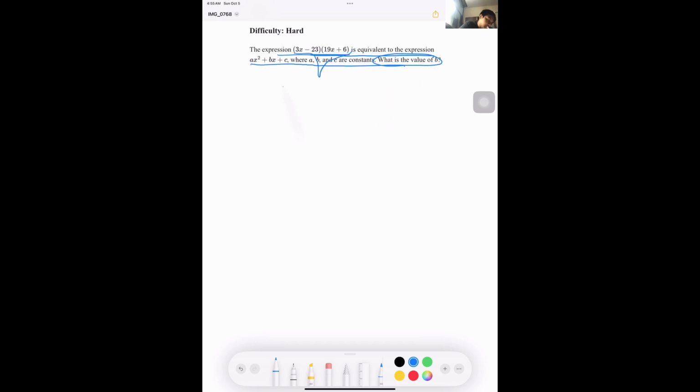So 3x minus 23, 19x plus 6 is 3 into 19, which is 57x squared, plus 18x minus 437x minus 23 into 6, which is 138, or 57x squared, 18 minus 437 minus 419x minus 138. This is equivalent to ax squared plus bx plus c. Therefore b equal to minus 419.